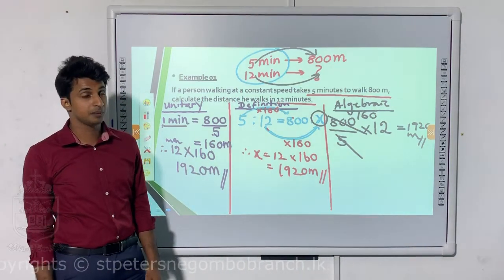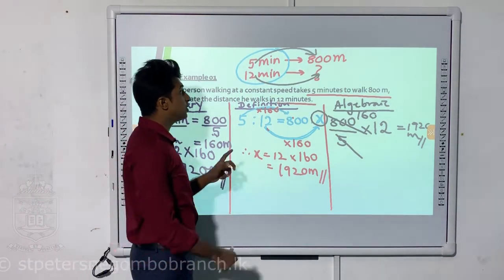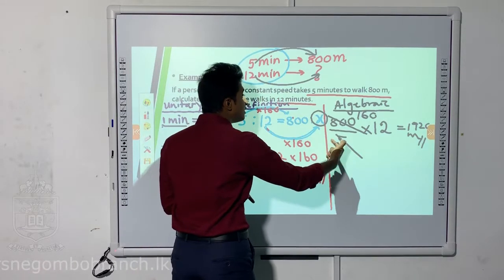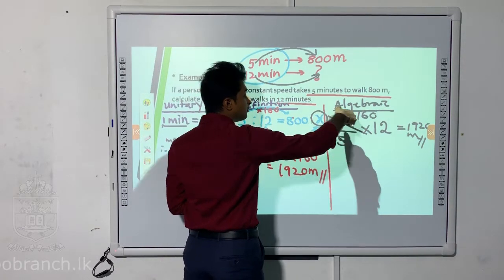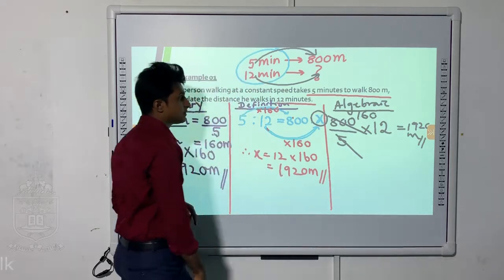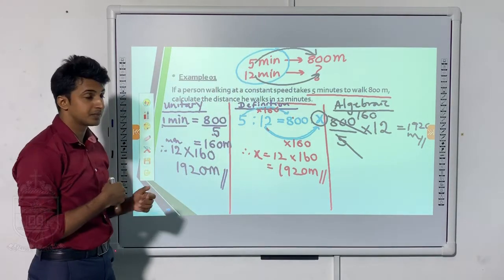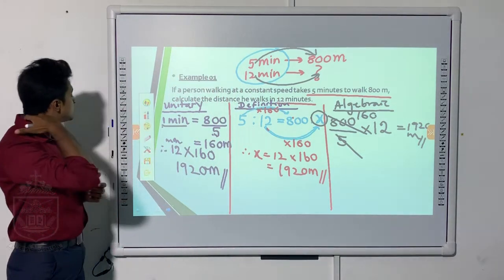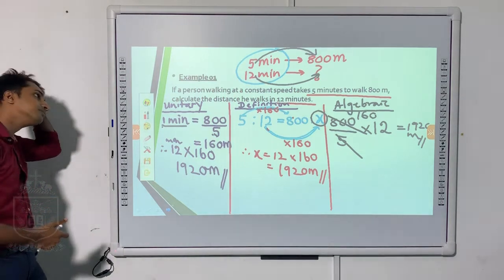In the algebraic method, you check that for 5 minutes it is 800 meters, then for 12 minutes how much.